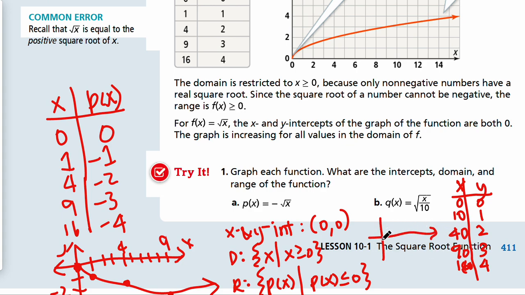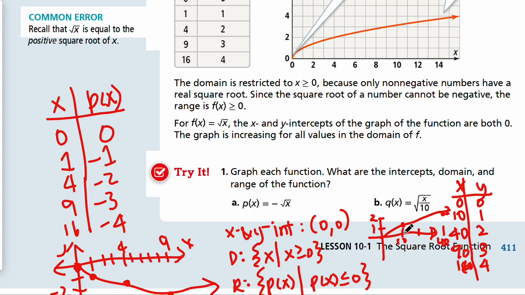Then you have 0, and this is 1, 2, but then you have 10, 1, and then 40, 2, and so on. So you have the same shape, it's just stretched really, really thin.